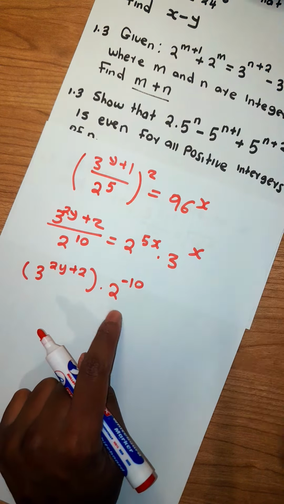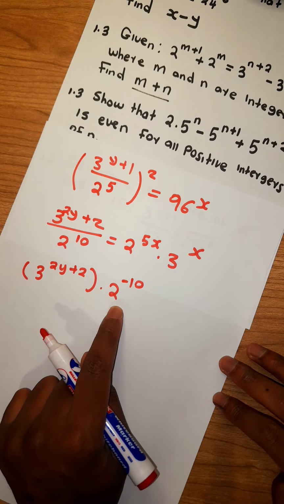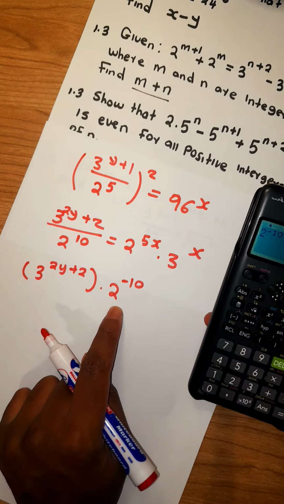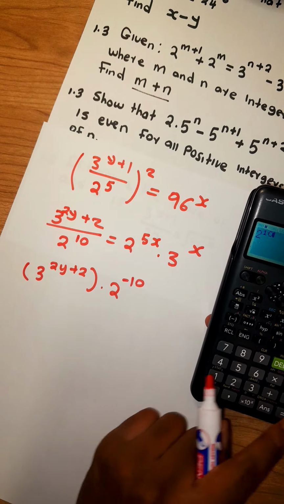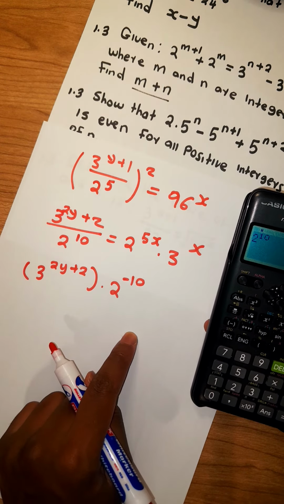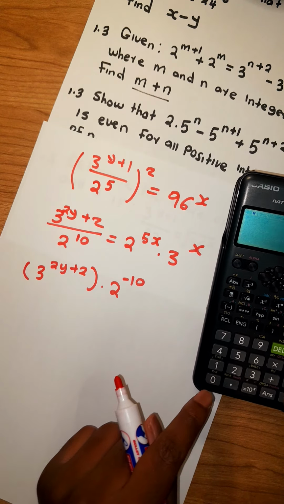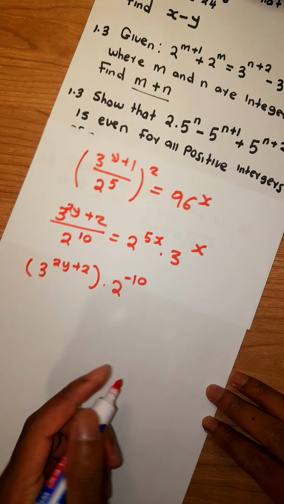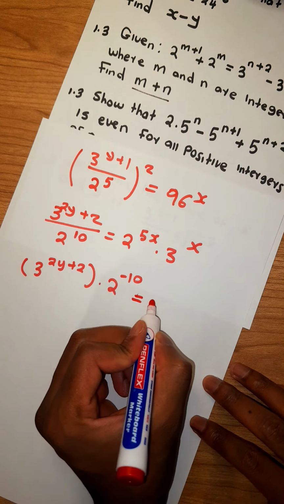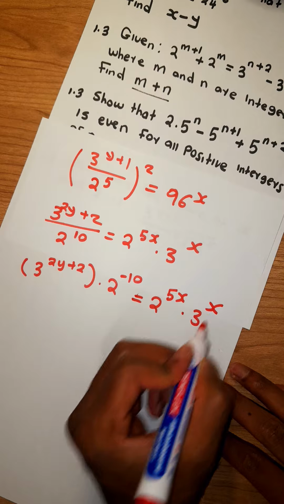Can this be 2 to the power minus 10? Because 2 to the power 10 is 1024, and then 2 to the power minus 10. Oh, yeah. It's correct. It's correct. So I'm going to have 2 to the power 5x times 3 to the power x.